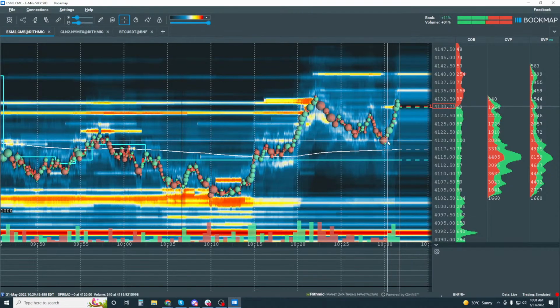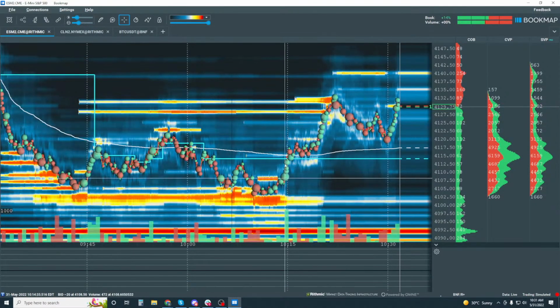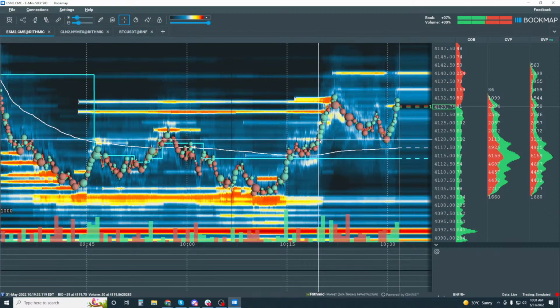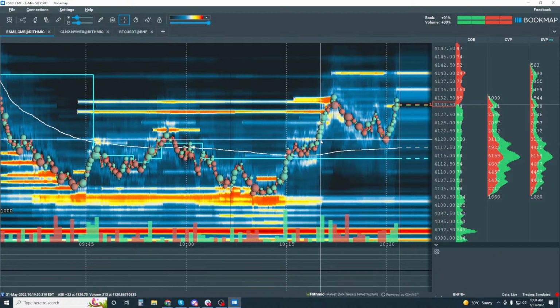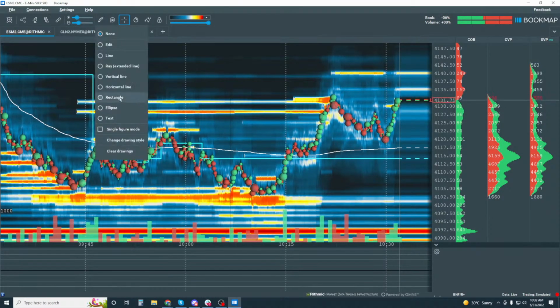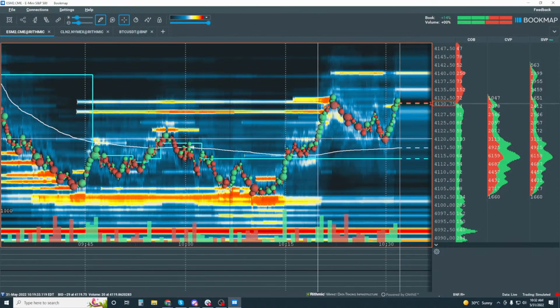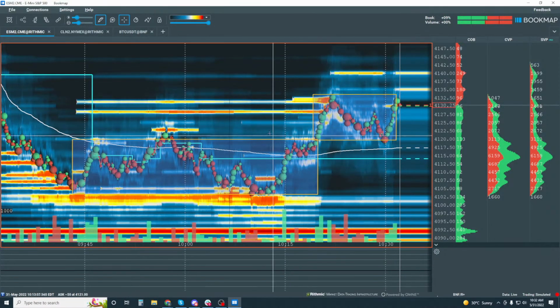Guys, tricky session here. I mean, just looking for the higher time frame to follow through, and it didn't. In fact, it's actually quite nice example of structure, and then a new structure starting here.